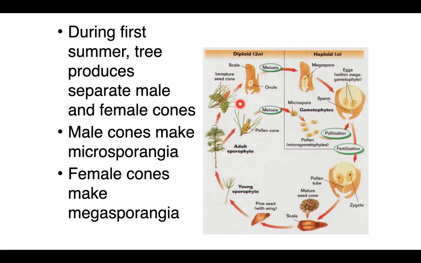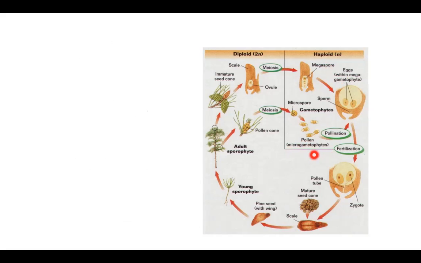Here are the cones. Through meiosis, because sporophytes have to go through meiosis to produce spores, we've got the microspore here and the megaspore. The microspore forms a microgametophyte, megaspore produces a megagametophyte. You can see here it says pollen. Pollen is the microgametophyte, and that is true.